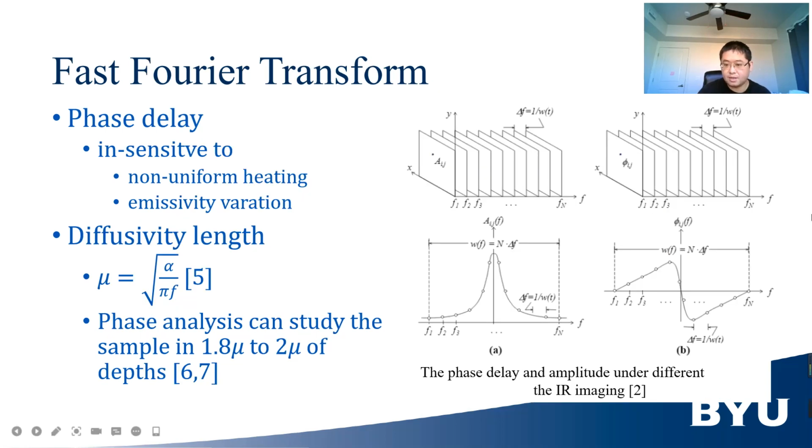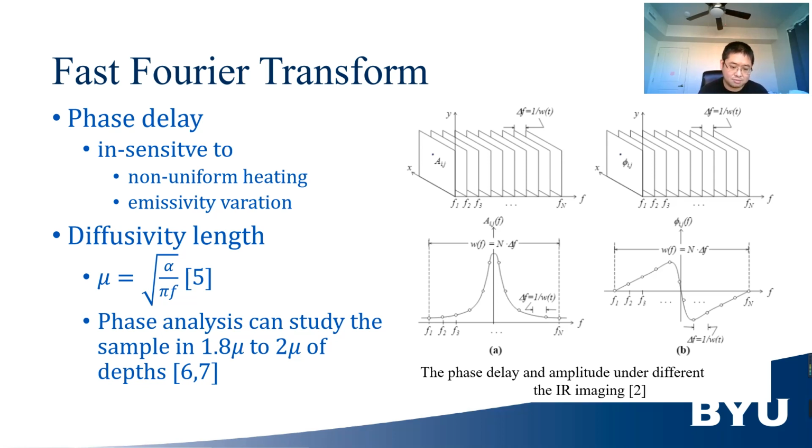Let's see this figure. Basically, what it does is study the phase component of one pixel of the IR video. Using FFT, we get amplitude for different frequencies and phase for different frequencies. We're not going to use amplitude here because amplitude has the same problem as PT. But phase delay is insensitive to non-uniform heating, emissivity variation, and also initial temperature distribution.